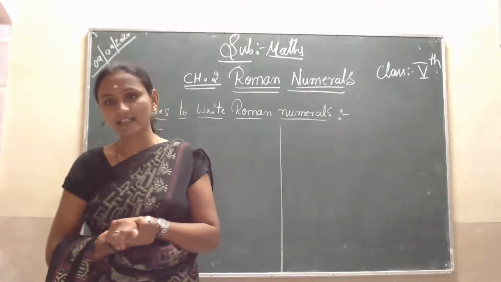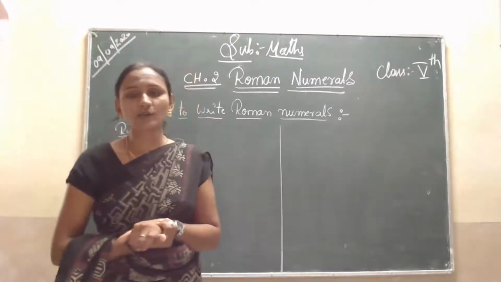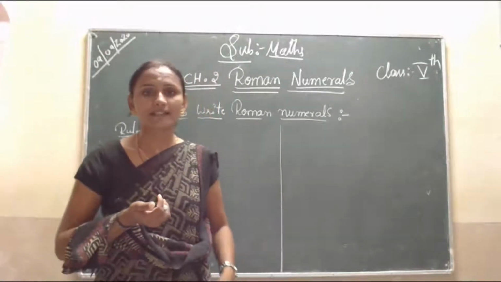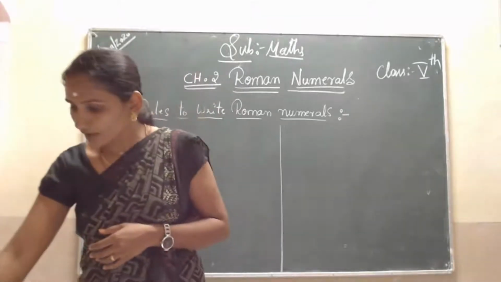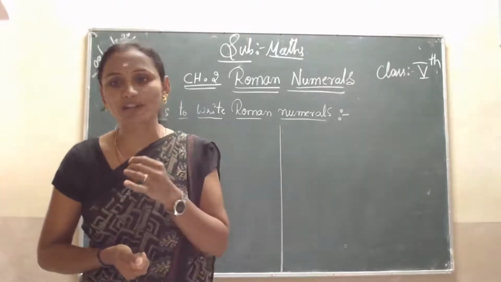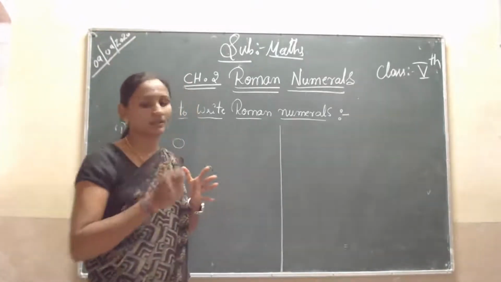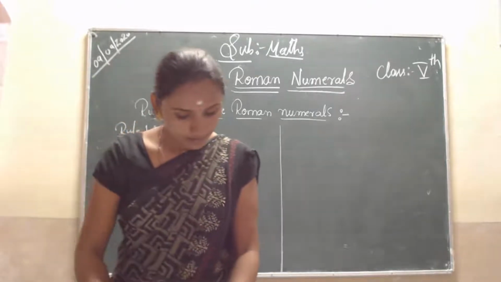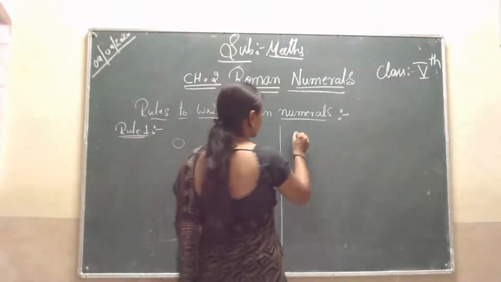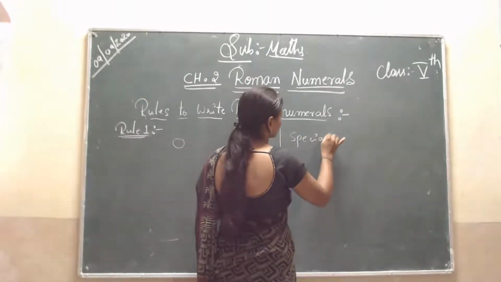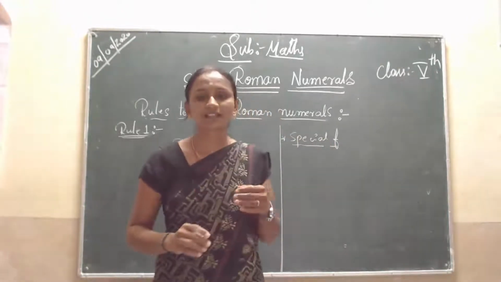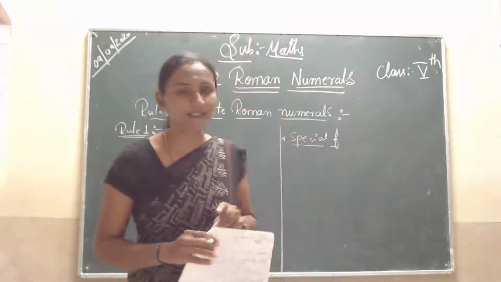Okay, students, the addition rule of the Roman system is repetition. I already told you about repetition of symbols. Now you can write this down. Two points are important as special features of the Roman system. Note this, students, because 0 has no symbol in the Roman system.